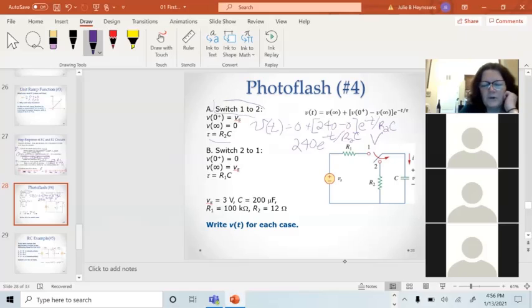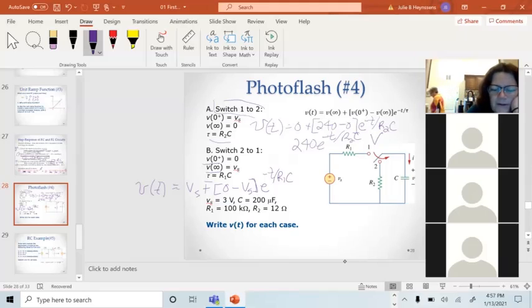Okay, when we're moving from 2 to 1, I've got V of 0 plus, I've got V of infinity, and I've got tau. When we plug that into the equation, we get V of t. V of infinity is Vs. V equals Vs plus 0 minus Vs times e to the minus t over R1C.